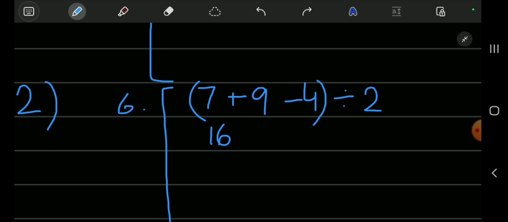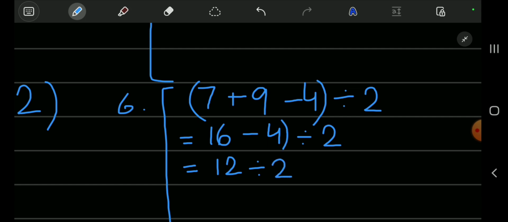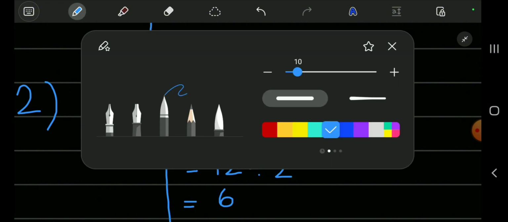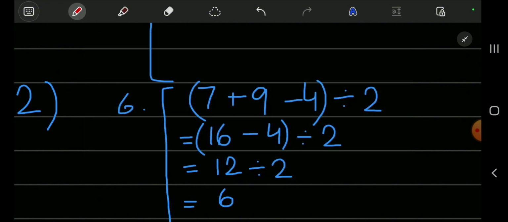So 7 plus 9 is 16 minus 4 is 12, and 12 divided by 2. Why are we doing this? Because we are inside the brackets. So first we are doing the addition, subtraction and then the division. So 12 divided by 2 would be 6. Okay. Now this is what we already needed. This is a correct method.